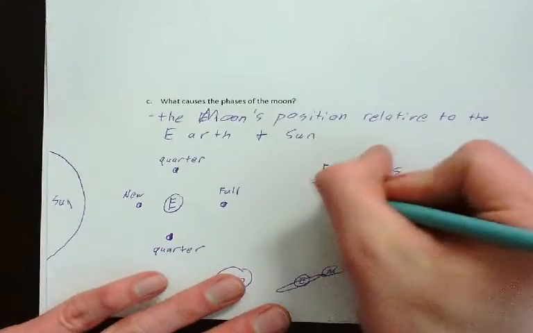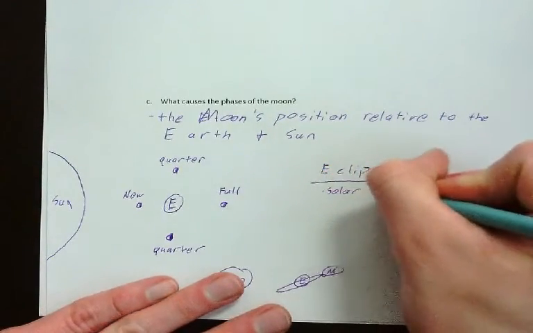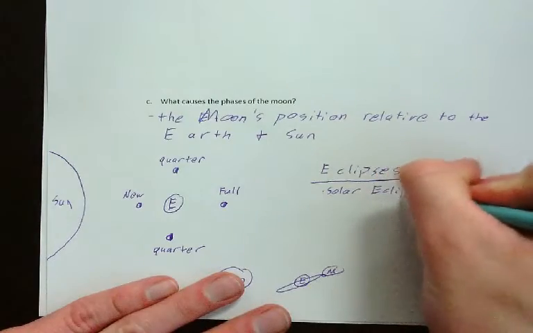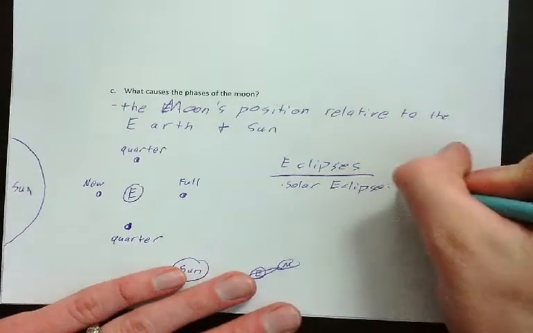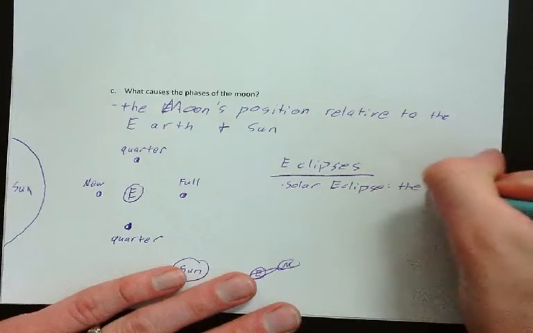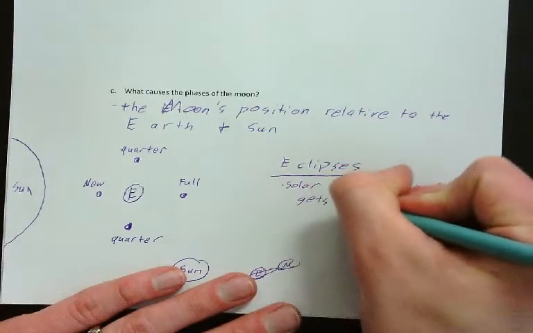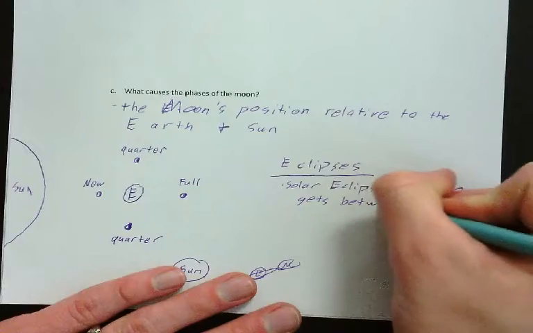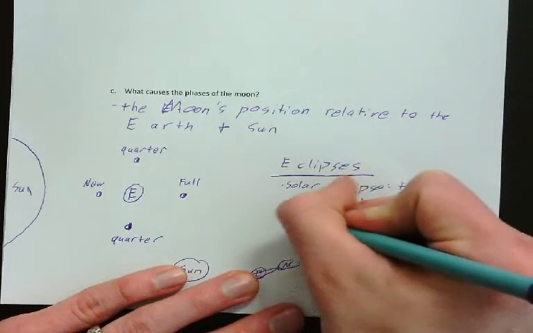And so a solar eclipse is when the moon gets between the Earth and the sun.